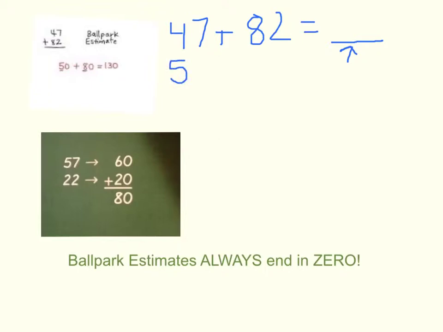It's closer to 50. And 82, I ask myself, is that closer to 80 or 90? It's closer to 80. Ballpark estimates always end in 0. So then I add 5 plus 8. 8, 9, 10, 11, 12, 13.